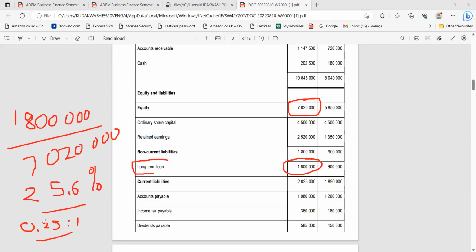If you want to put it to percentage, remember, you're just multiplying by 100. But if you express it as a ratio, 0.25 is to 1. But if you express it as a percentage, if you just multiply by 100, it becomes 25%, right? So that's your debt to equity ratio.